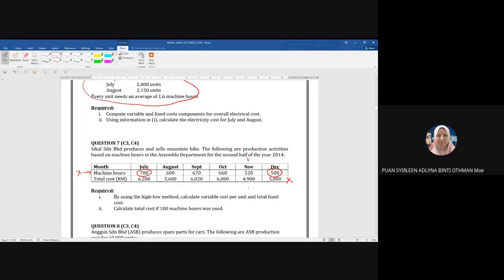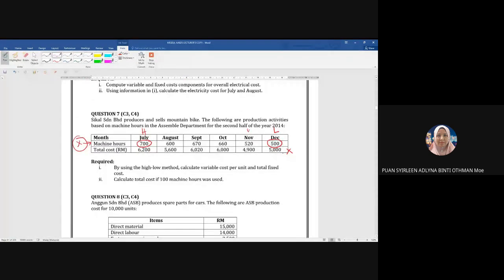So sekarang ni abaikan, tak payah tengok langsung nilai pada RM tu. You akan tengok sama ada machine hours ataupun unit produce ataupun labor hours, whatever lah. So sekarang ni stick to one item saja, which is your cost driver. So kita tengok my highest is July and my lowest is December. Walaupun kalau you tengok cost, dia ada beza sikit, sebab the lowest cost is actually November, bukan December. Tapi kita tak nak tengok lowest cost, kita nak tengok lowest cost driver.